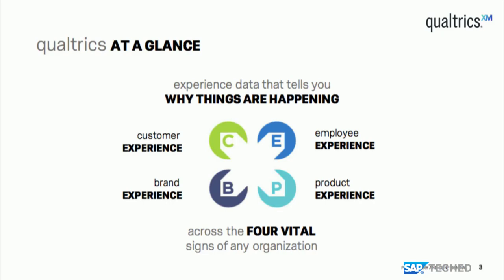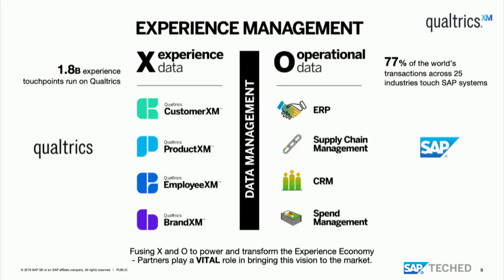So these are really the vital signs for any organization: to understand what your customers think, what your employees think, brand and product as well. In fact, when we talk to a lot of SAP folks, especially initially after the acquisition, this is probably something that you've seen if you were at SAP Sapphire or at other SAP conferences before.